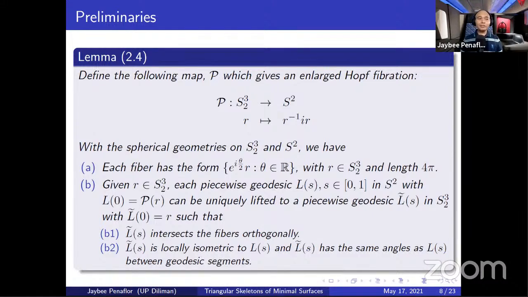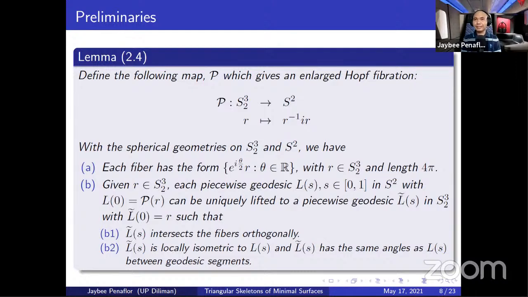We can actually uniquely lift that to a geodesic in S32, which we denote as tilde L of S, with the following properties. Number 1, the lifted geodesic tilde L of S intersects the fibers orthogonally. And number two, the lifted geodesic is locally isometric to L of S.